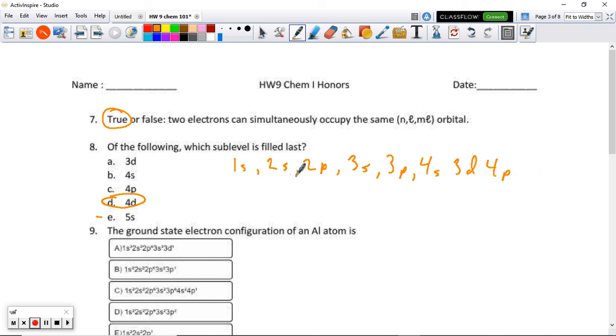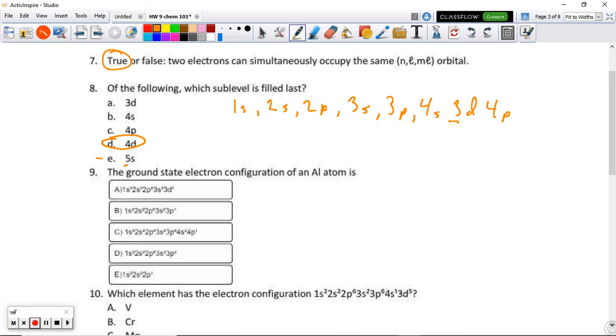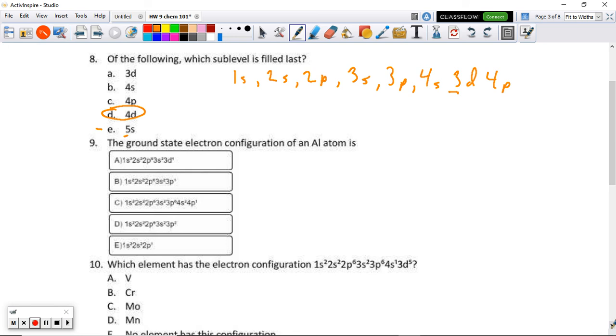So we fill s's before we fill p's, we fill d's before we fill p's, but remember that the d is always on the shell before. So the highest energy level that we have is 5s, but then we're going to fill 4d on that one. So the correct answer on that one is 4d.